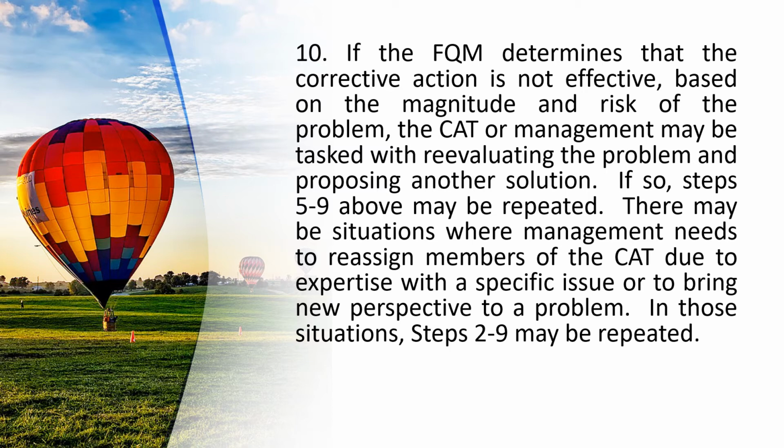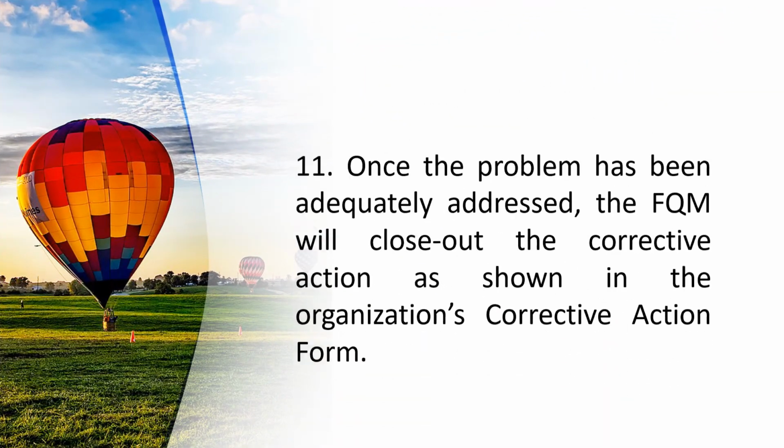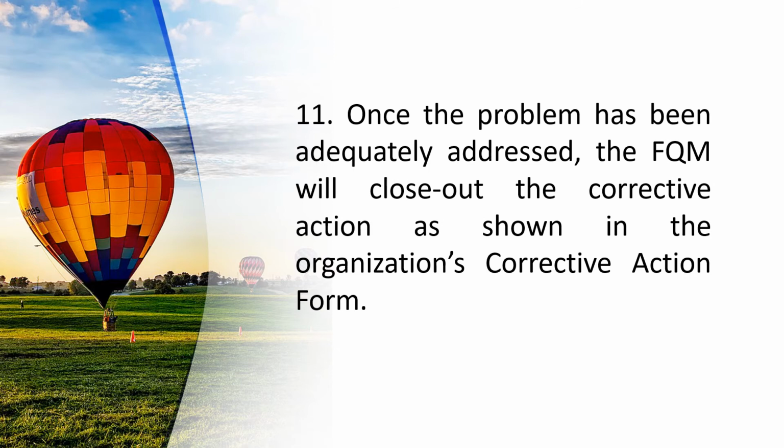In those situations, steps 2 to 9 may be repeated. Number 11, once the problem has been adequately addressed, the FQM will close out the corrective action as shown in the organization's corrective action form.